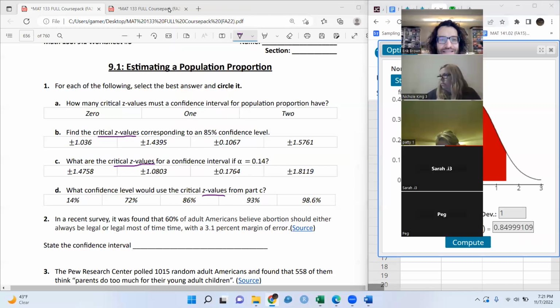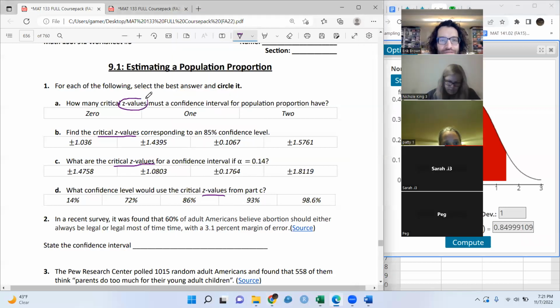Okay. How many critical Z values? 1, 2, or 0? 2. Yeah, that's the point of the plus or the minus. In fact, that minus is where the lower limit comes from, and this plus is where the upper limit comes from. Nailed it.